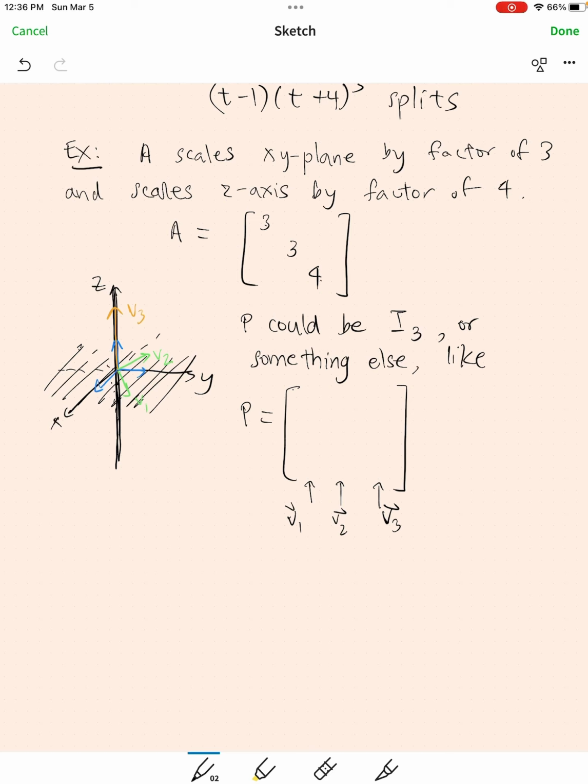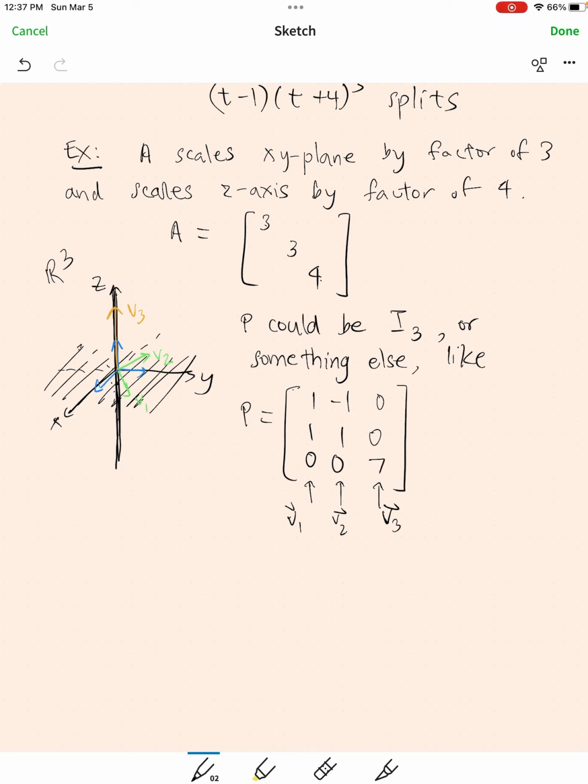So you could have V1 be, you just need the z component to be 0, and you need two linearly independent vectors. So how about 1, 1 and negative 1, 1? Right, these two vectors form a basis for the xy plane, and this is in R3, and then your V3 could be 0, 0, 7 or something.